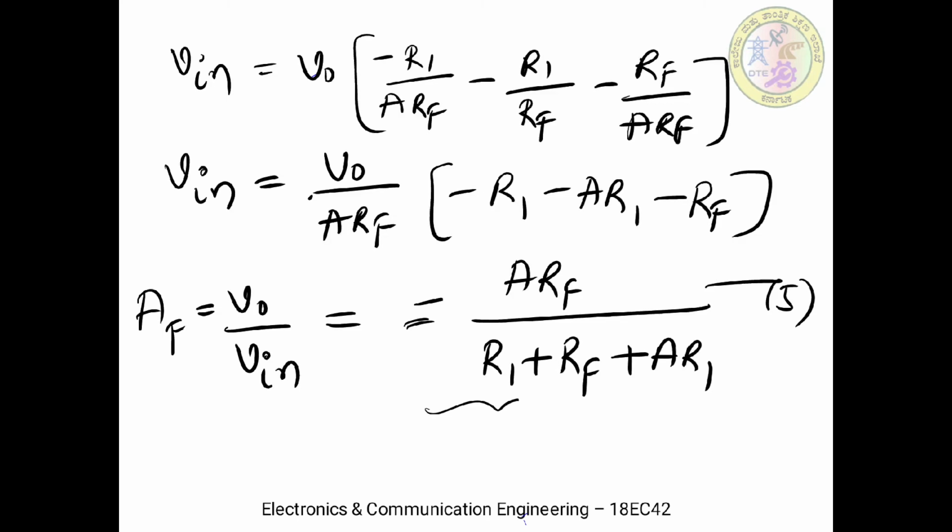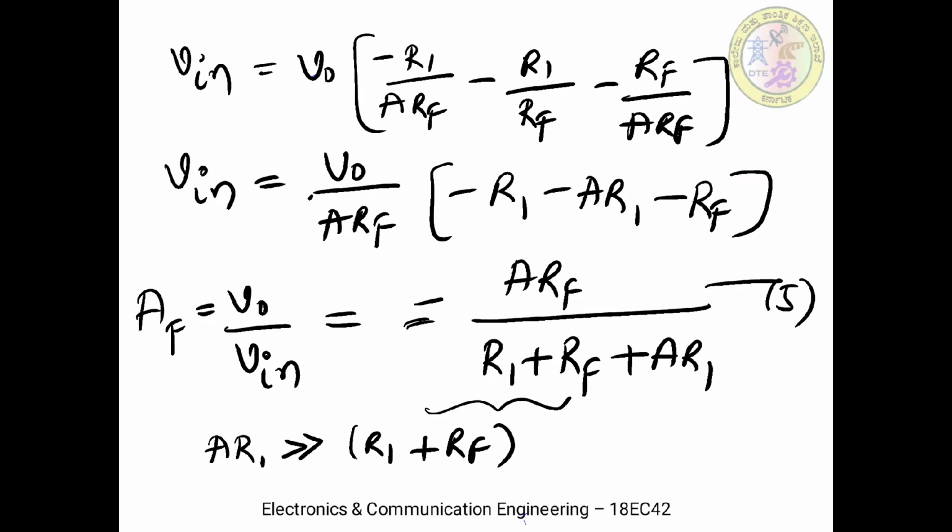Now in equation 5, it is possible to further refine it by using the condition that the open loop gain of the op amp is very large. That is, A into R1 will be very much greater than the sum R1 plus RF.